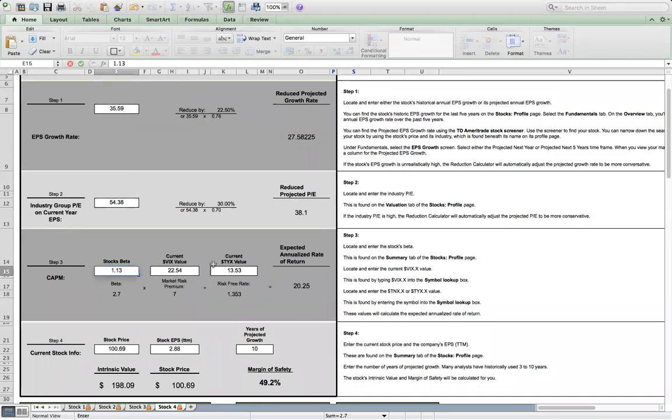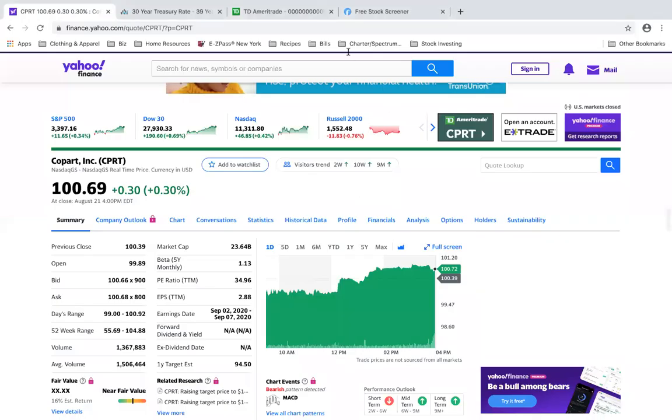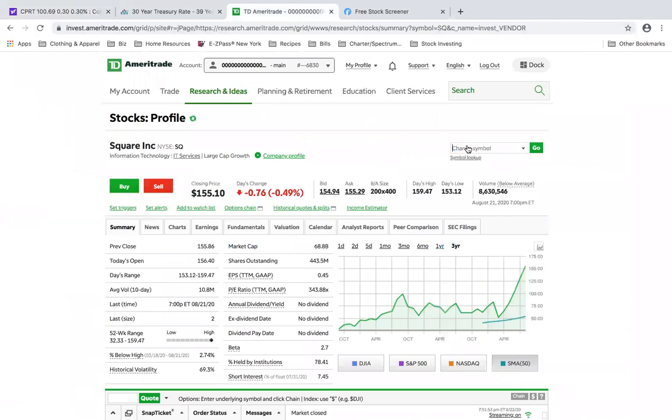Now these numbers are going to stay the same right here, the VIX and the 30-year yield rate. Yeah, PE. He's looking for Copart.